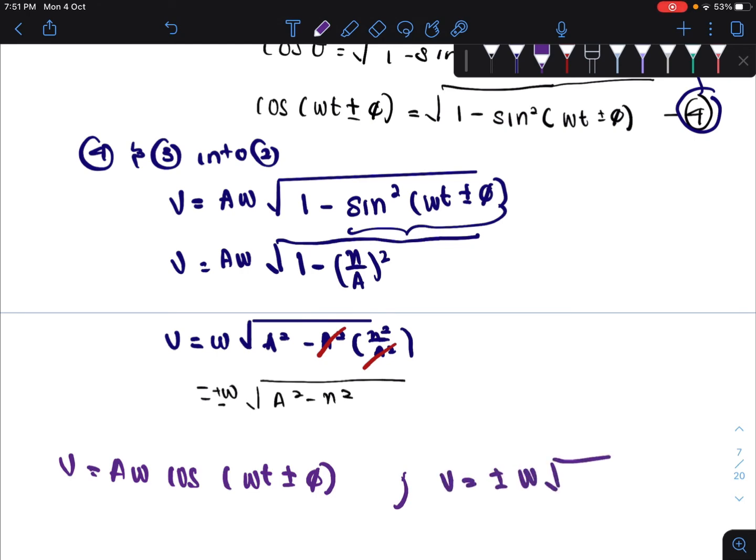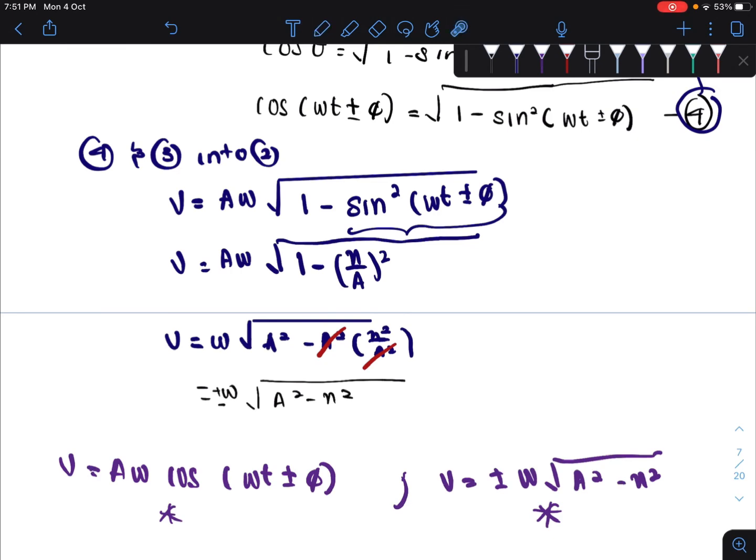Okay, so you have two equations for velocity. As we go further in 9.2, we will see when to use which of the two equations. Next, in 9.2 we will look in more depth.